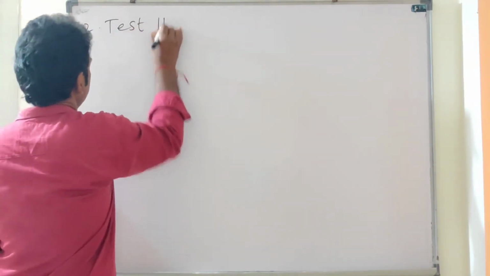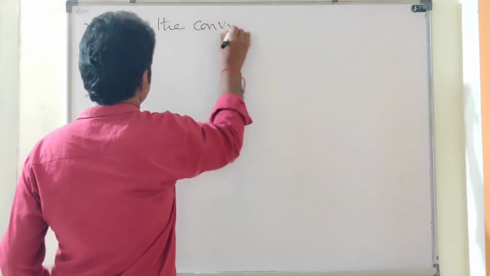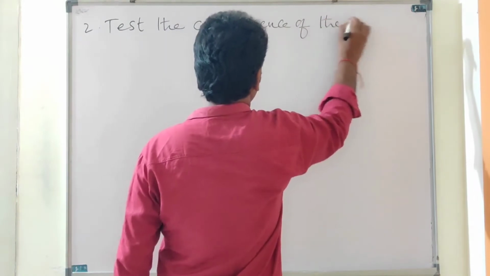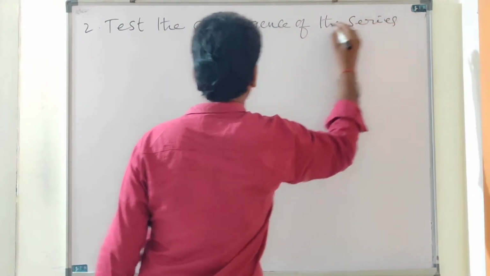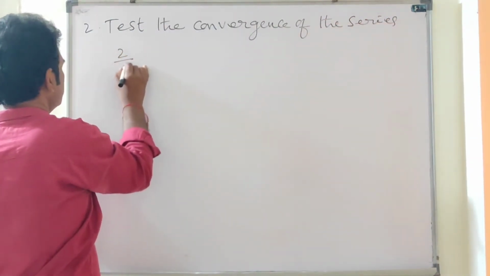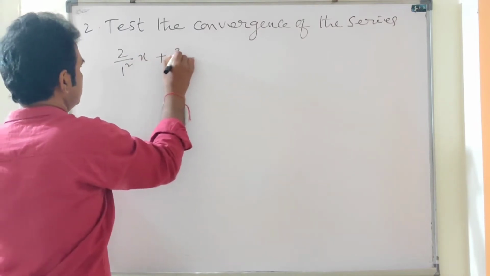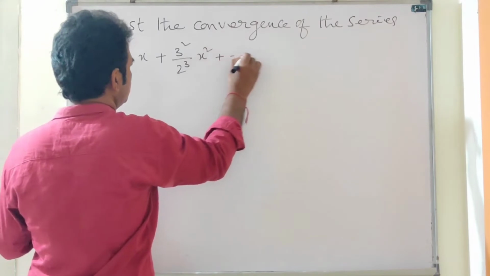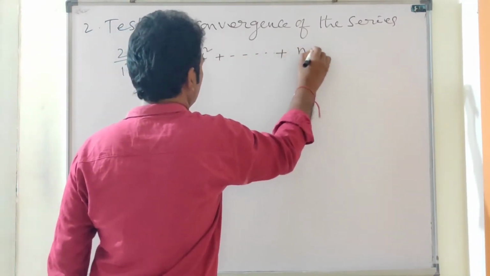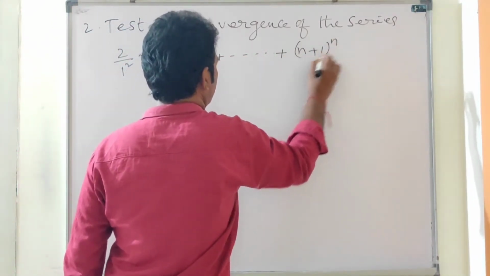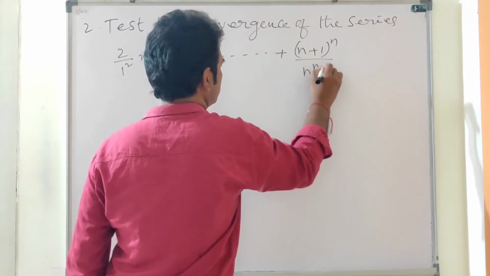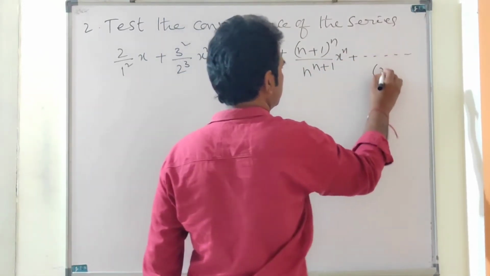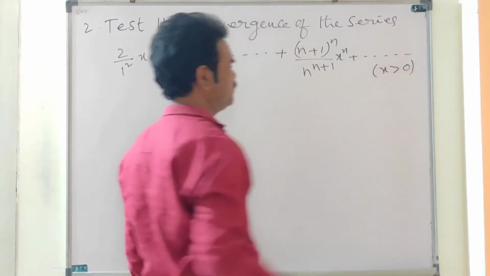Test the convergence of the series 2 by 1 square x plus 3 square by 2 cube x square plus and so on plus n plus 1 whole power n by n power n plus 1 into x power n plus and so on, where x greater than 0.